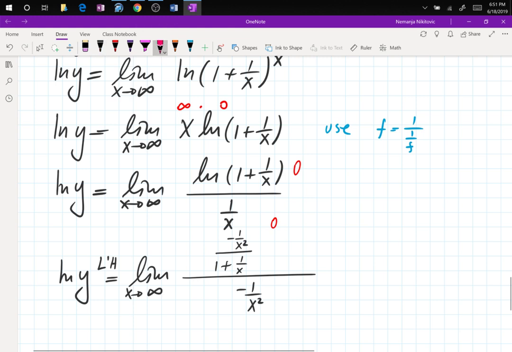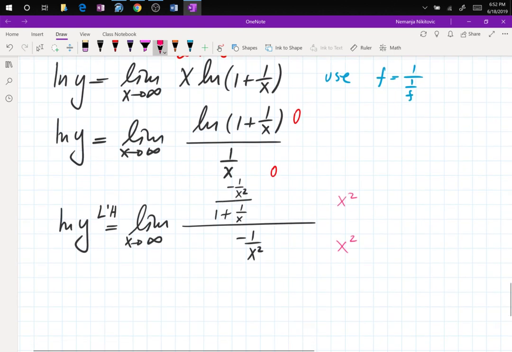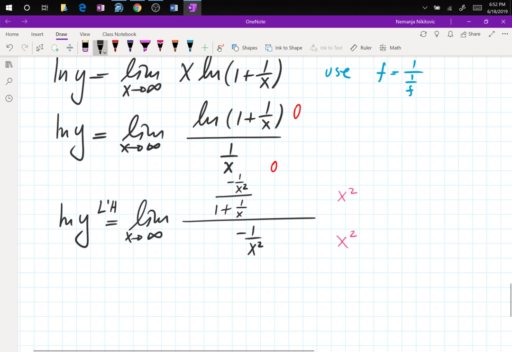And now when you multiply by x squared, the denominator is gone, so we have negative 1 over 1 plus 1 over x.